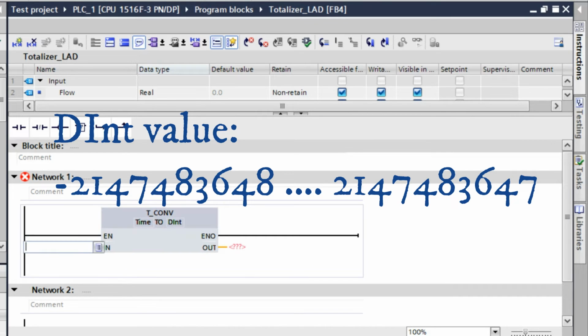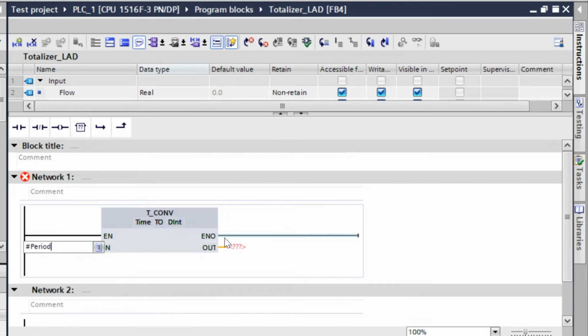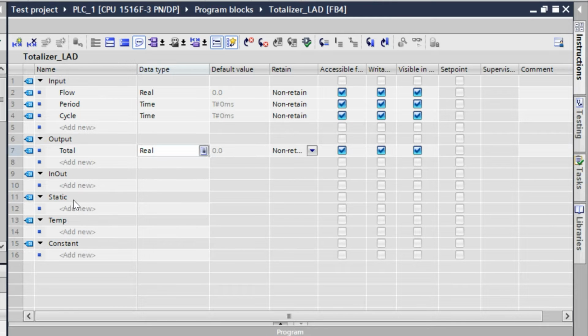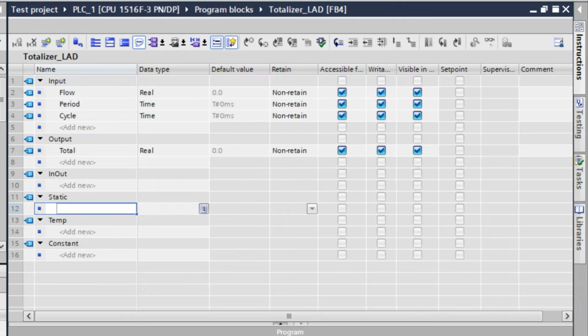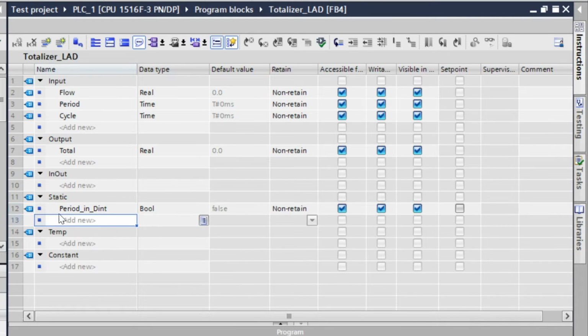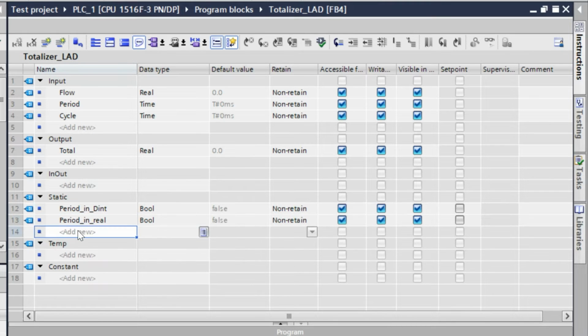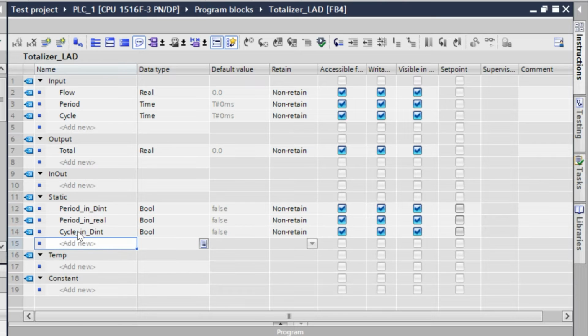So here is our period time value, but here we have to give a tag. I will declare tags in static: period in double integer, period in real, cycle in double integer, and cycle in real.